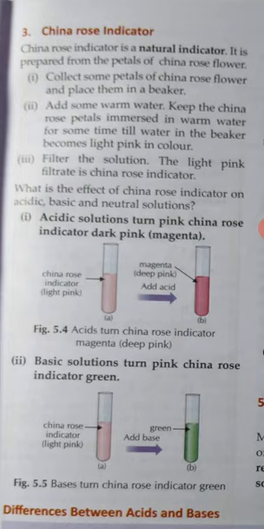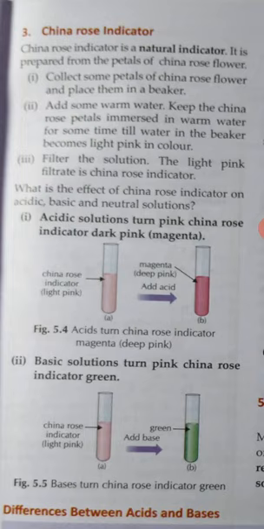How that indicator is prepared: we have to collect the petals of this China rose and place them in a beaker. Beaker means a glass container. Then we have to add some warm water into it. Then we keep the China rose petals immersed in that warm water for some time.